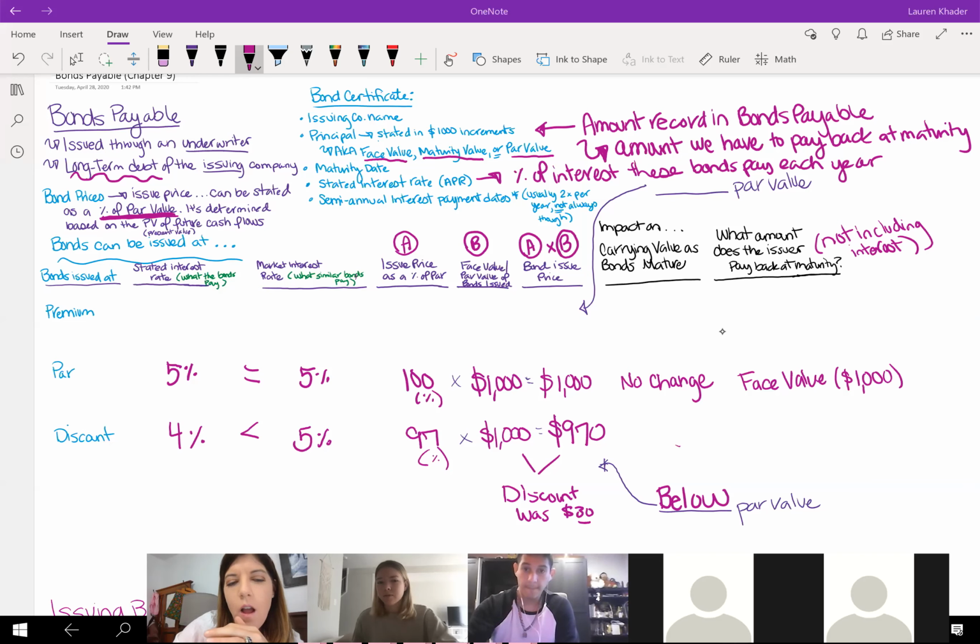The purchaser of the bonds is earning less interest. Sorry, you cut out. Okay. The purchaser of the bonds is earning less interest over the life of the bonds. So in order for the purchaser to want to buy my bonds, I'm going to offer them a lower issue price. They have to pay.